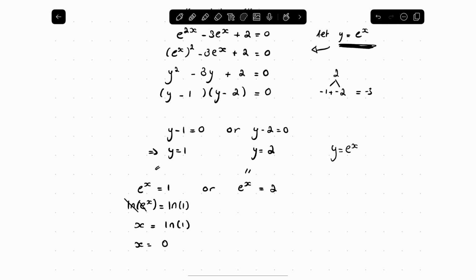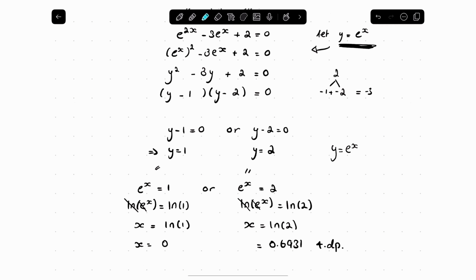And here we have natural log of e to the x equals natural log of 2. Again, this one cancels, so we have x equals natural log of 2, which you can simply leave as this, or if you want to simplify it, you can use a calculator, and we can see that this is equal to 0.6931 to 4 decimal places.